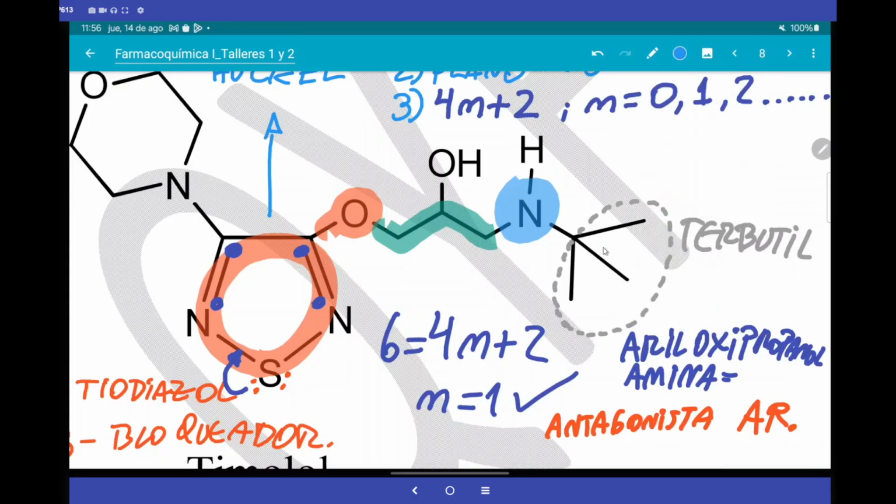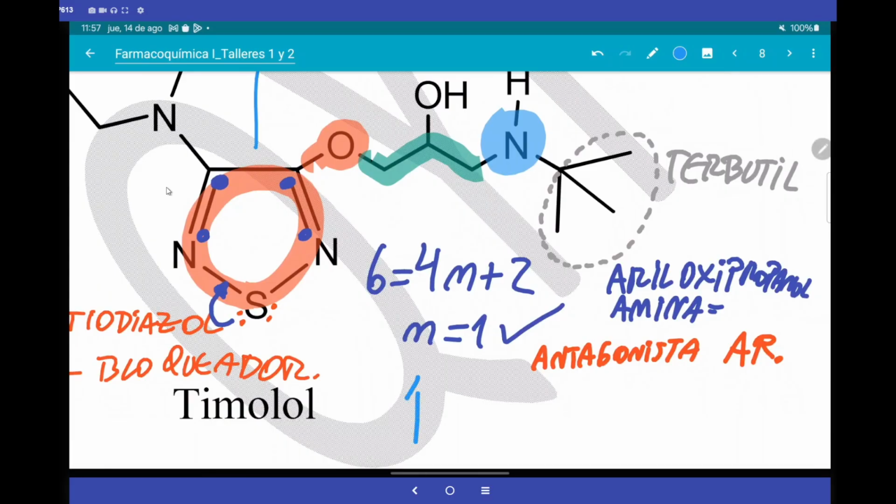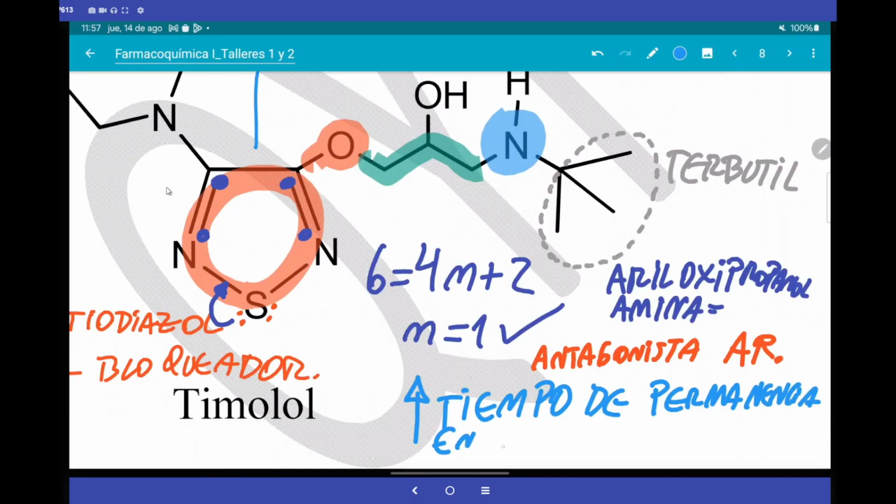That is why this group generates more hydrophobic interactions. The extra group here is so that this is held longer in the cavity. The antagonists have a longer permanence time in the cavity.